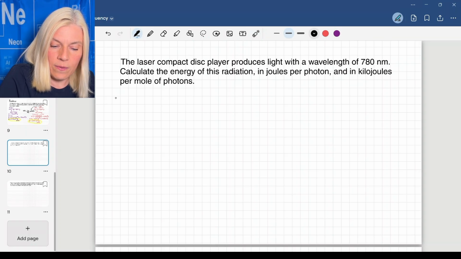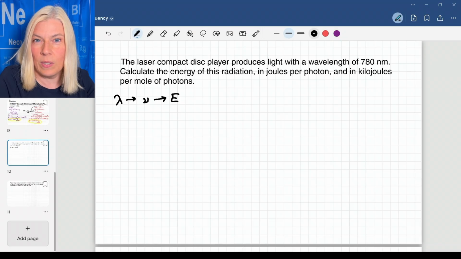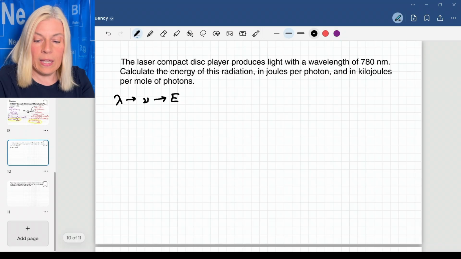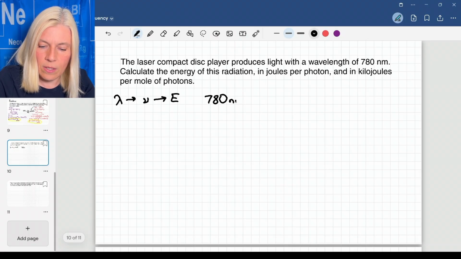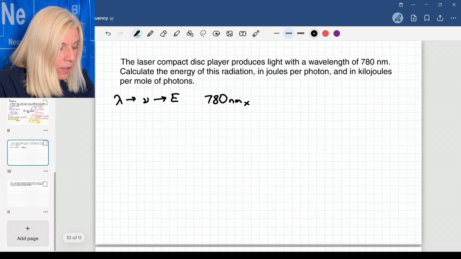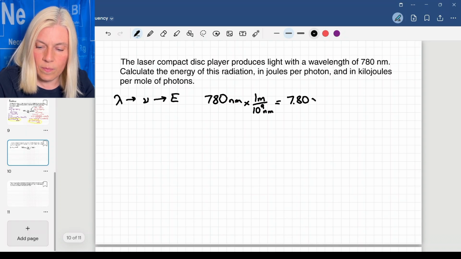We have wavelength. If I have wavelength, I can figure out frequency. If I can have frequency, I can figure out energy, right? All right, so I need to change my wavelength to meters because that's the SI unit. So let's do this. So if I have 780 nanometers times 1 meter, 10 to the 9th nanometers, I'm going to have 7.80 times 10 to the negative 7 meters.